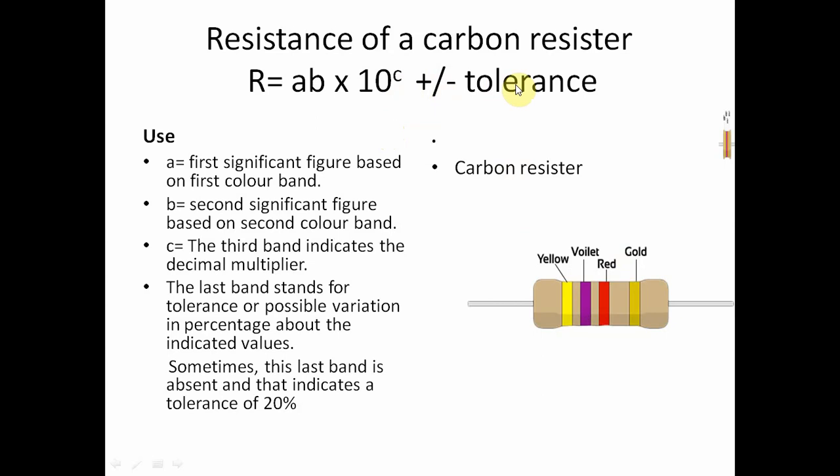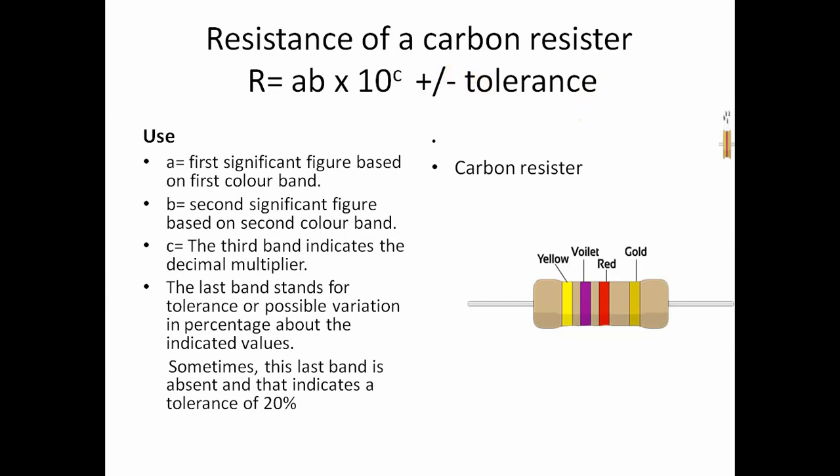Now what is this tolerance? Tolerance is the percentage variation about the indicated value. जो भी इसका रेजिस्टेंस होगा उसमें कितने परसेंट की वेरिएशन आ सकती है उसको हम कहते हैं टॉलरेंस.